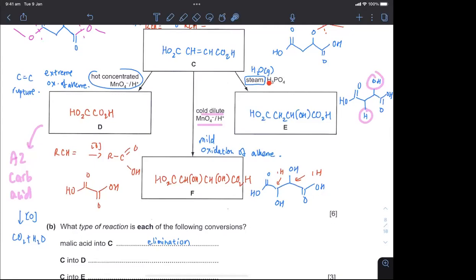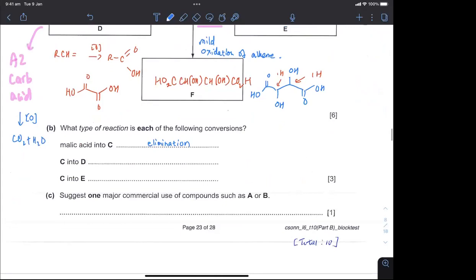I specified last week that both of the carbons of the double bond gain oxygen, here and also here. These two are oxidation. This is addition reaction. They are not asking for mechanism. They are asking for type of reactions. So for that 3 marks, you don't want to lose any marks at all. So just be sensible. Now that thing there is esters. So you use it as solvent, you use it as flavorings, etc., etc.